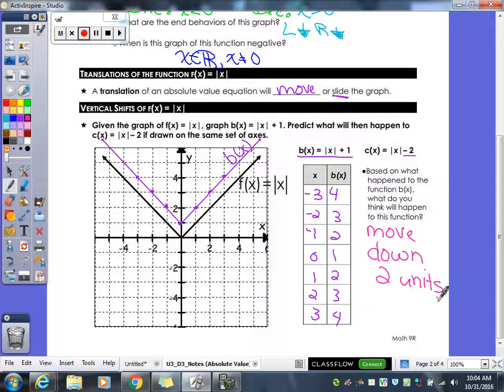So sometimes if you can figure out the transformation that's happening, you don't always have to copy a table of values. I can just take my regular parent function, my f of x, and I can take each point and move them down 2 units. So I move this point down 2. Move this point down 2. That one down 2.